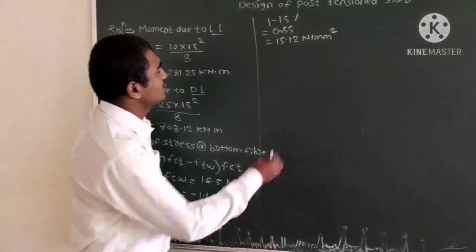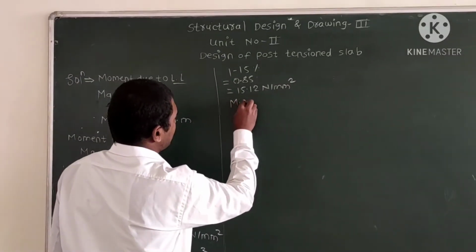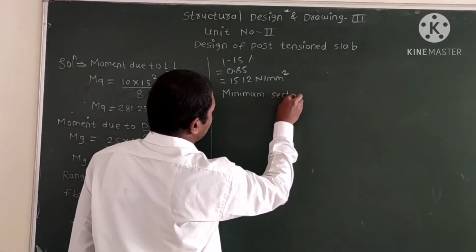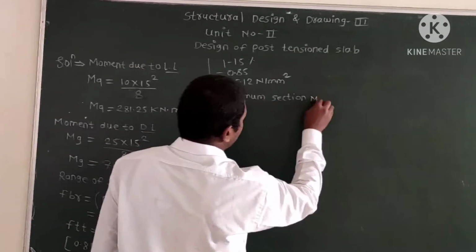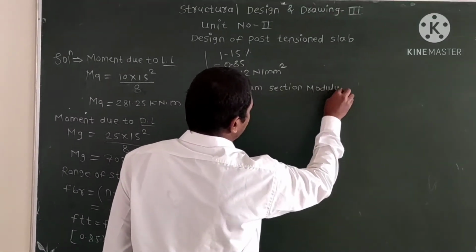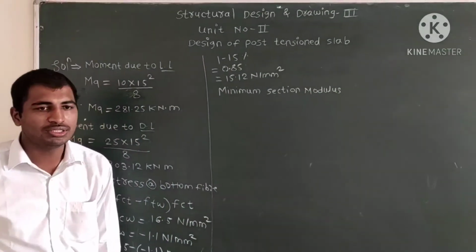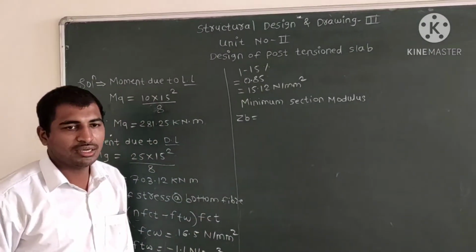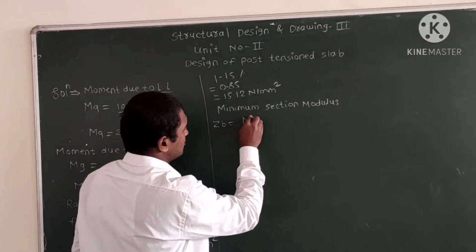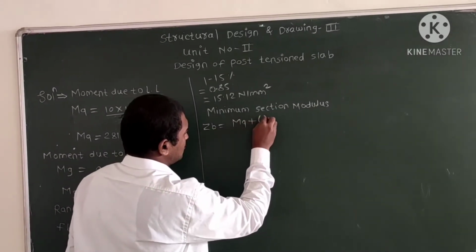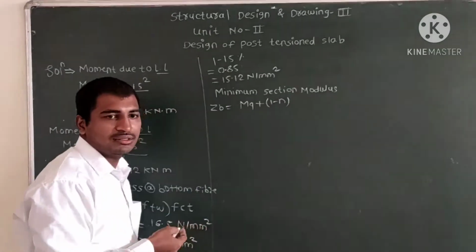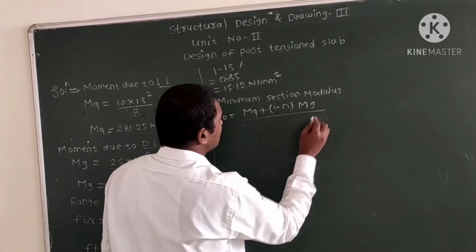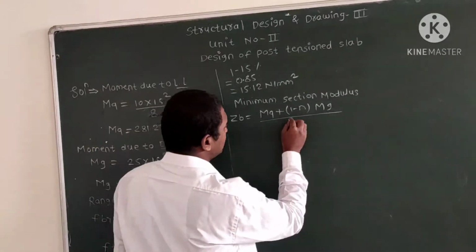Minimum section modulus ZB. This formula is MQ plus 1 minus n MG divided by FBR.